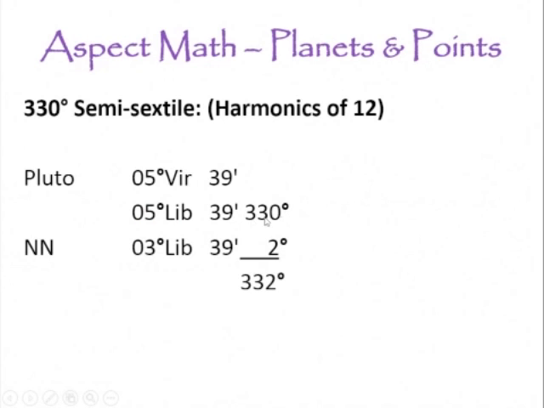Count will be 330 degrees. And then we have to go from 5 degrees Libra to 4 degrees Libra to 3 degrees Libra, where the North Node is actually at. And it's at 332 degrees. So as I said, it is the balsamic semi-sextile.